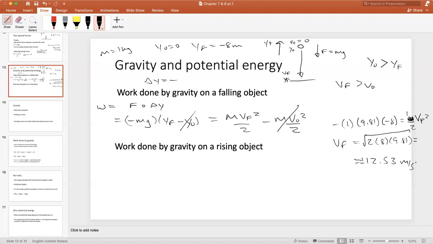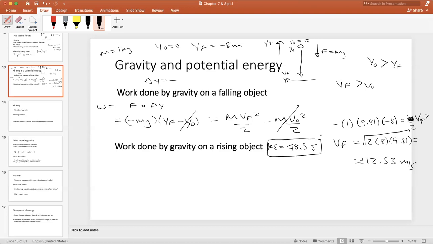But an important idea here is, what is the kinetic energy? Well, the kinetic energy is 1/2 times 12.53 squared, which is 0.5 times 12.53 times 12.53, which is 78.5 joules.